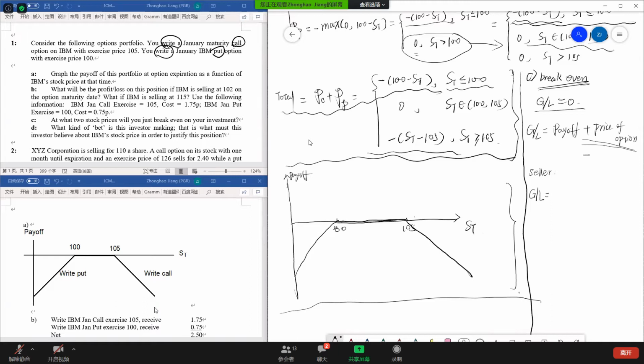The payoff is here, and so it is this plus the price of the option. The price of the call is 1.75 and the price of the put is 0.75. And here is 0 plus this.